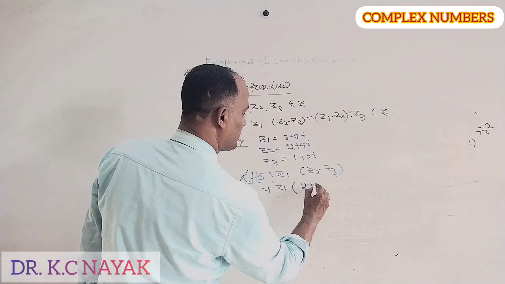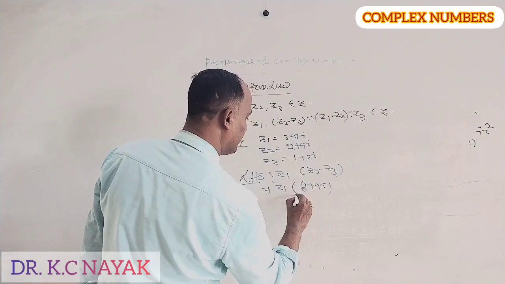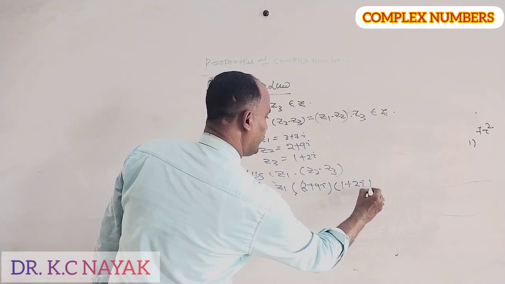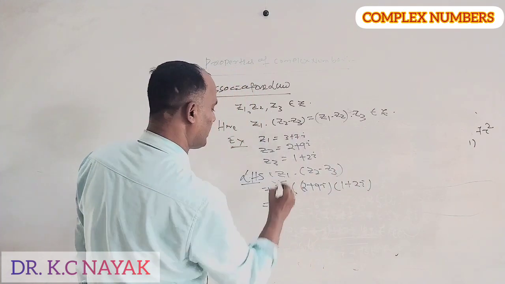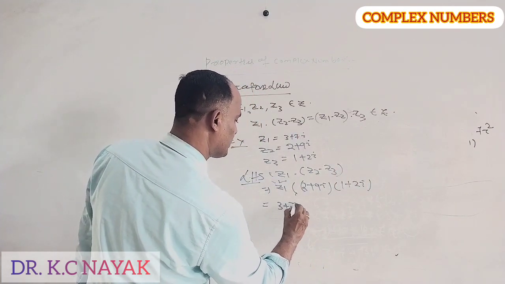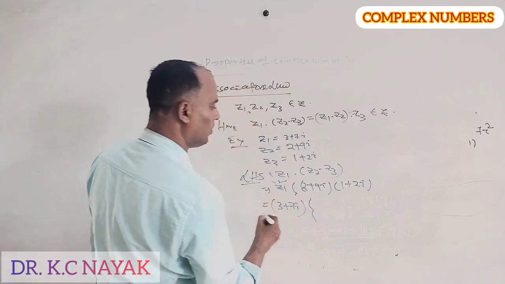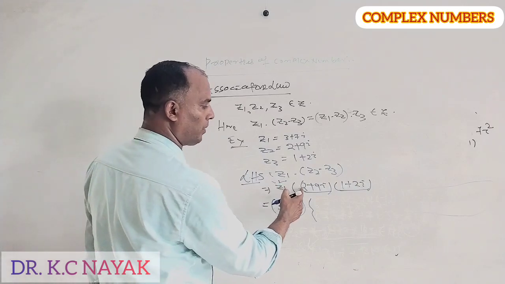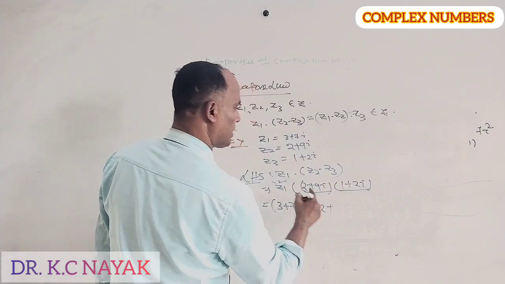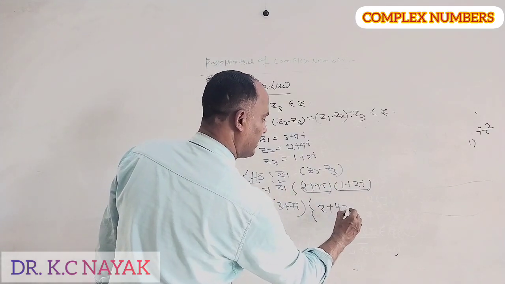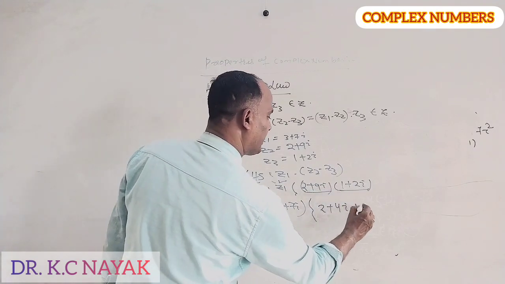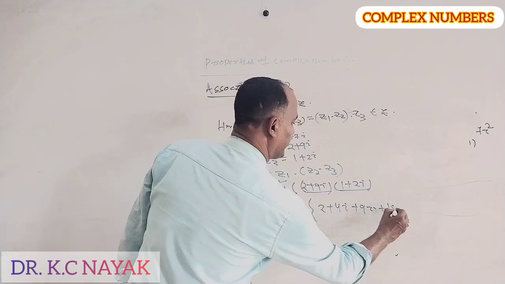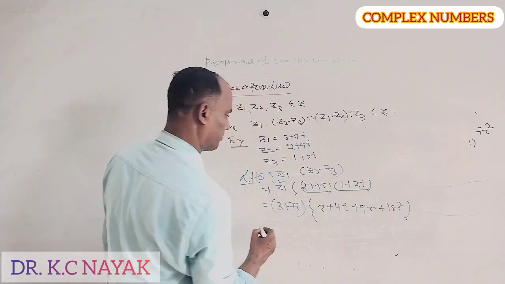That means Z1 is equal to (3 plus 7i) into (2 plus 9i) into (1 plus 2i). You can multiply 2 into 1, it is 2, plus 2 into 2i, it is 4i, 9i into 1, 9i, plus 9i into 2i, it is 18i square.